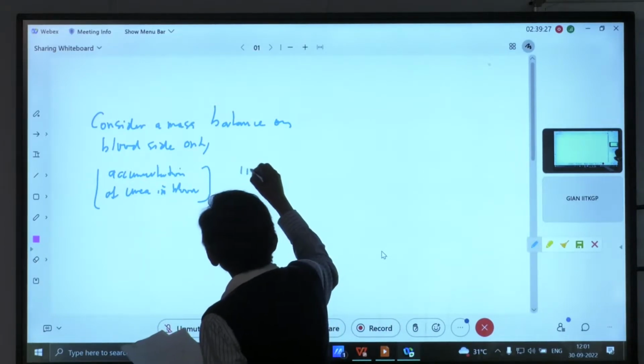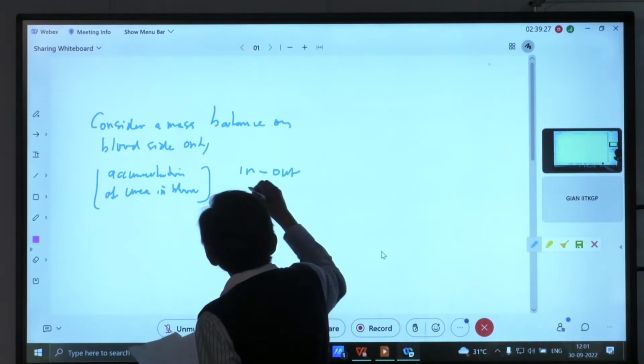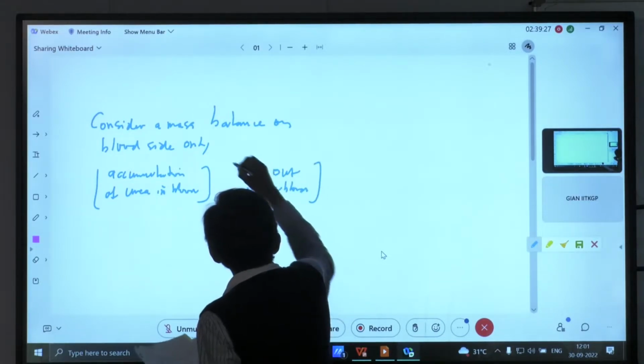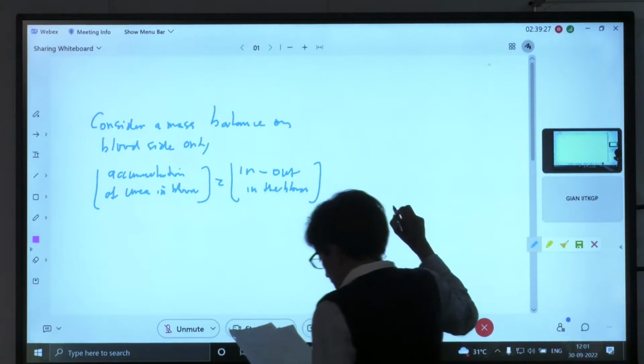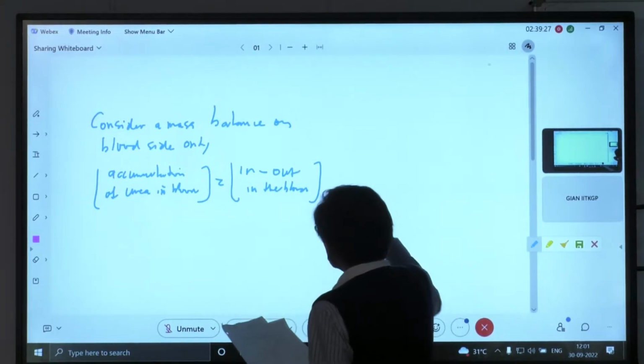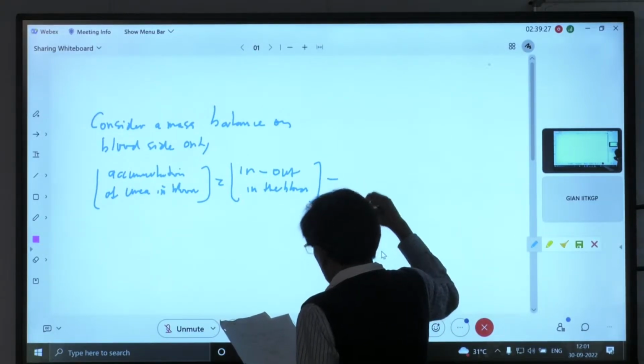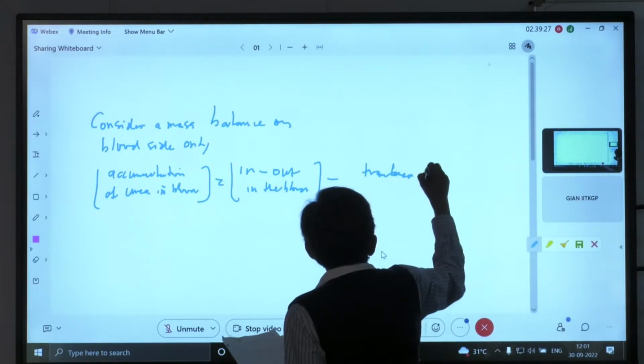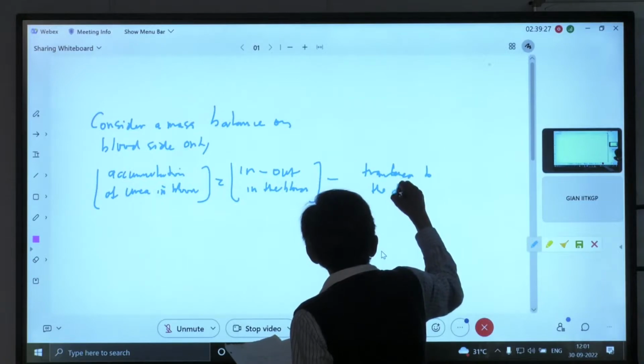It's in minus out in the blood, so blood flow in minus out, and then you're also going to subtract whatever is transferred to the dialysate.